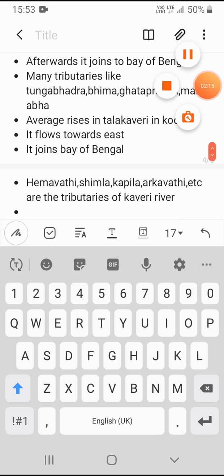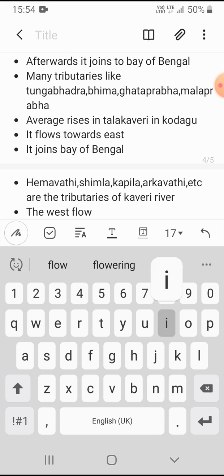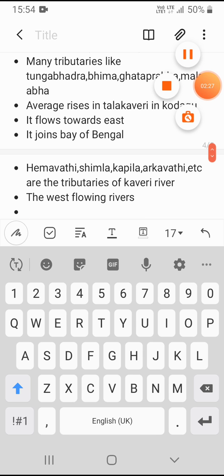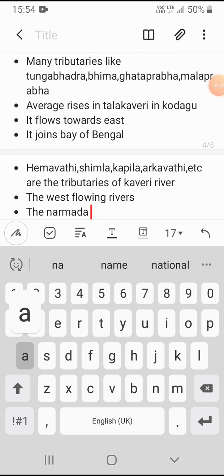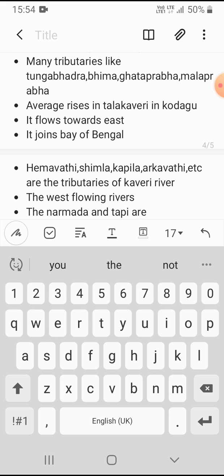So next are the west flowing rivers. The Narmada and Tapi are two important west flowing rivers.